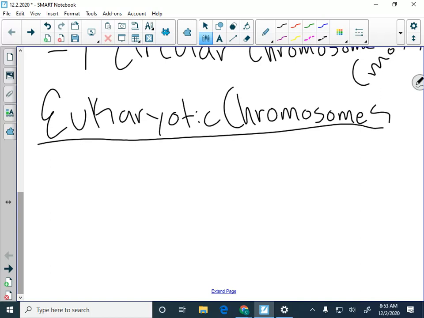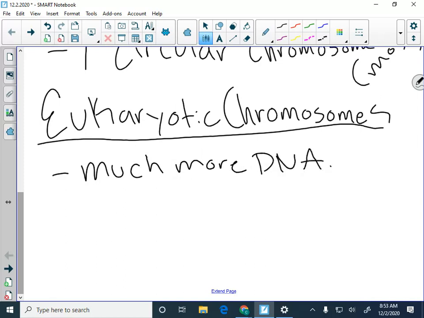They contain much more DNA. Our DNA is a lot longer than the DNA of something like a strep bacteria. We need more information, we need more blueprints than a single-celled organism would. We also have multiple chromosomes.